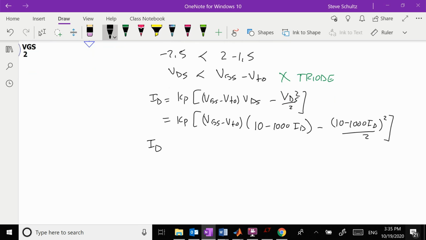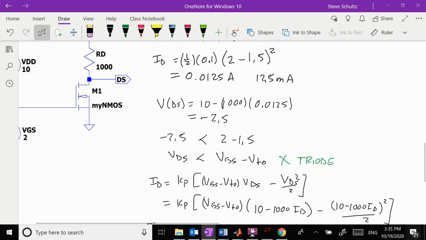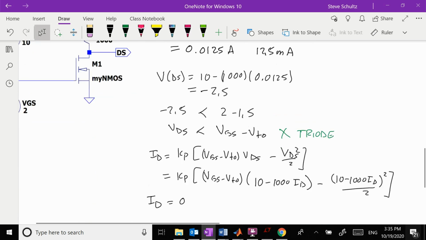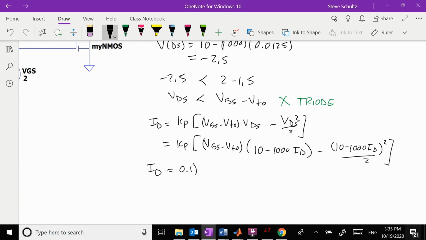So I have ID equals 0.1 times, and then this is going to be 2 minus 1.5, times (10 minus 1,000 ID), minus (10 minus 1,000 ID) squared over 2.